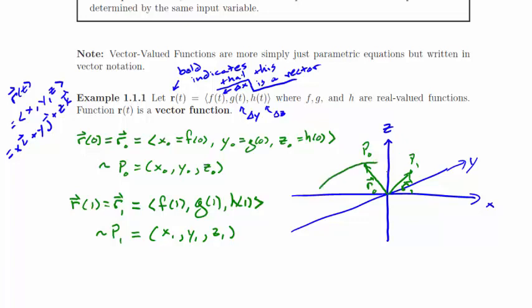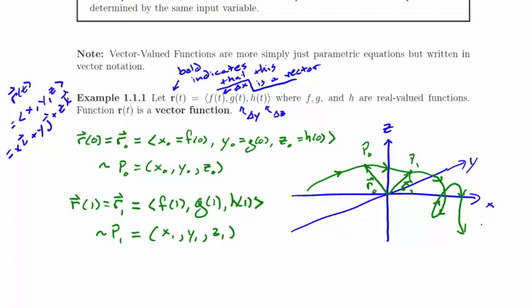If we did that for all of the t values in the real numbers, then we could end up with some curve like so. And we're going to draw arrows on here to indicate the direction, so that as t is getting bigger, the curve is moving in this direction.